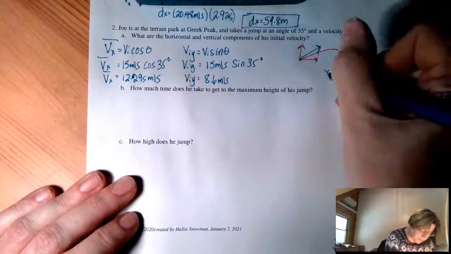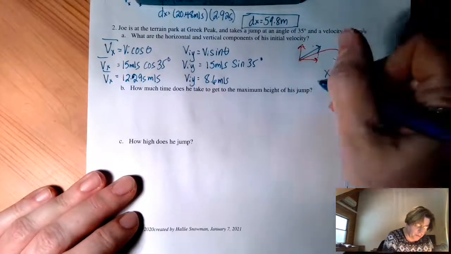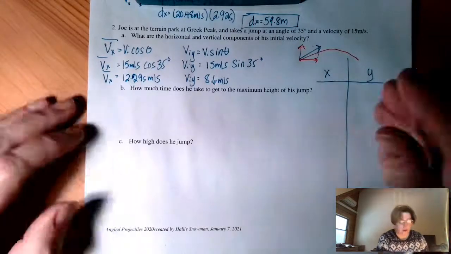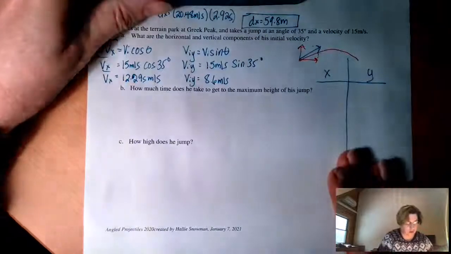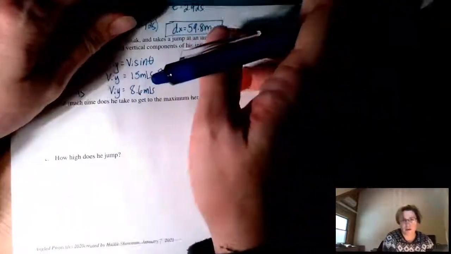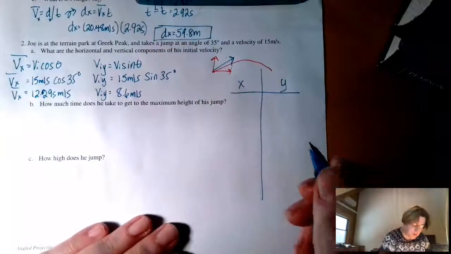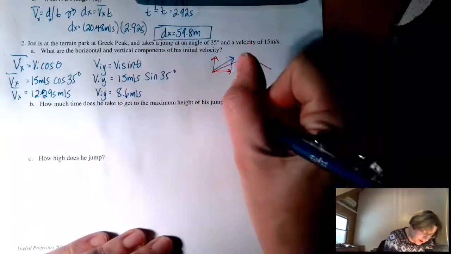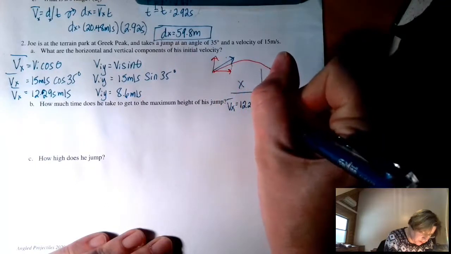Okay, now we can make our chart. Vx equals 12.29 meters per second.